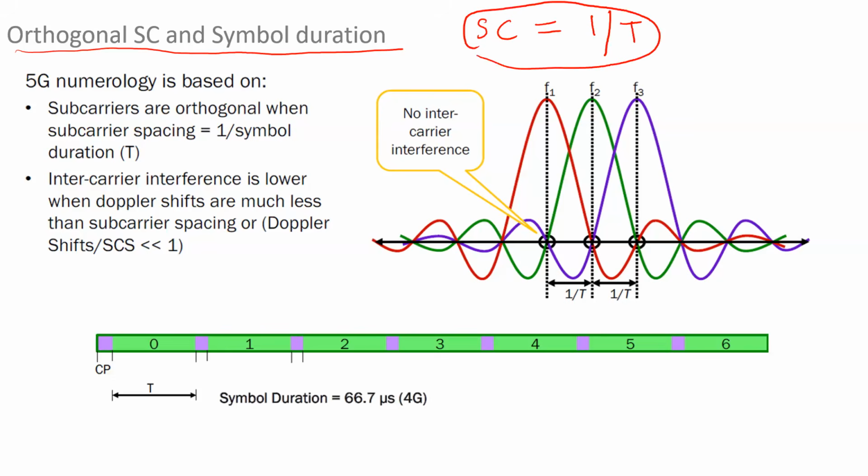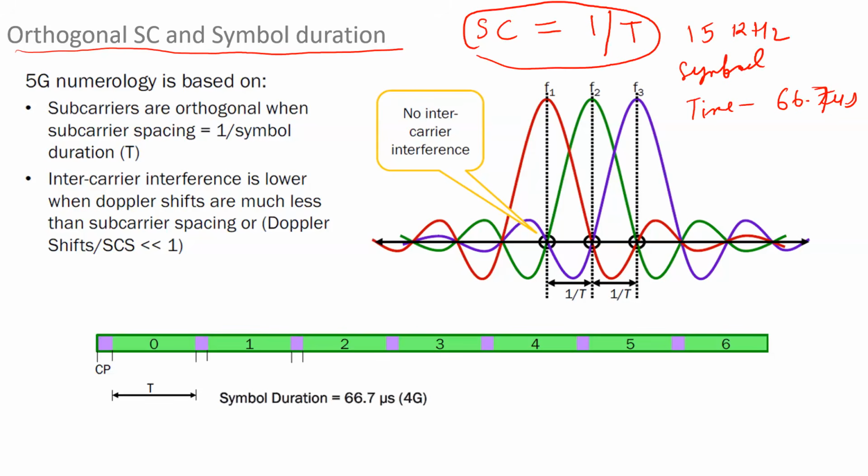So when subcarrier spacing is 15 kilohertz, our symbol time is 66.7 microseconds. Okay, so why do we need this equation?